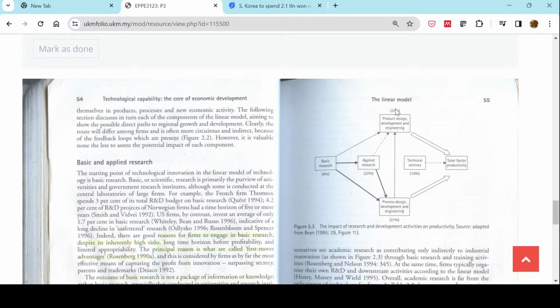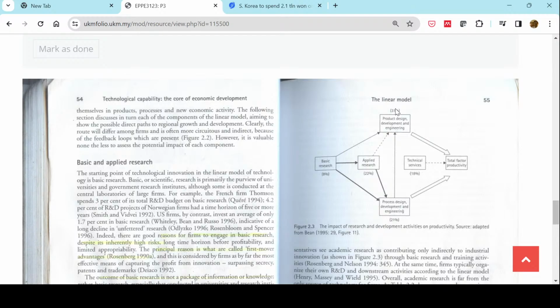And so we're talking about, again, the next subtopic, when we talk about innovation, there are two things: product and process. The product that we are going to produce, we want innovation in the product, and also in the process of manufacturing or producing that product. So product design, development, engineering, 31%. Here process design and development engineering, 21%.